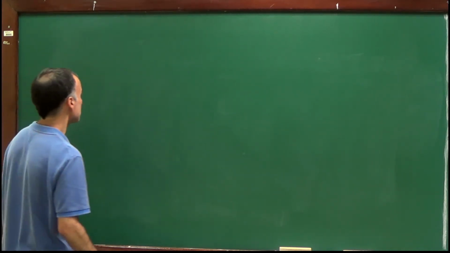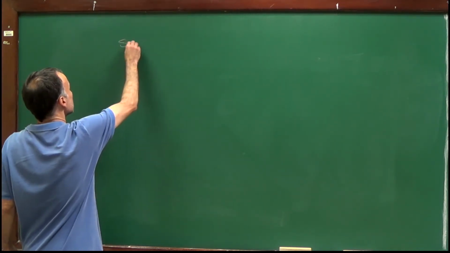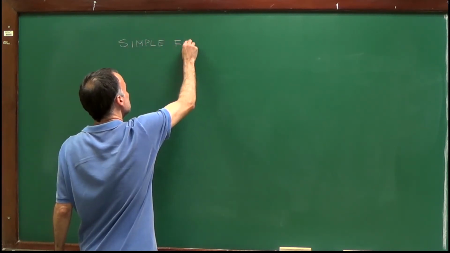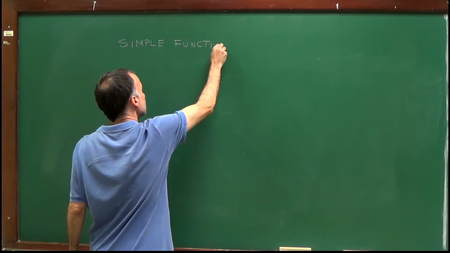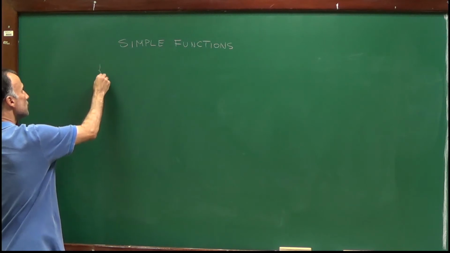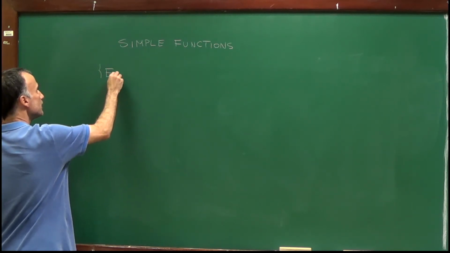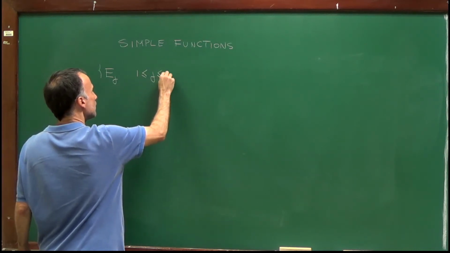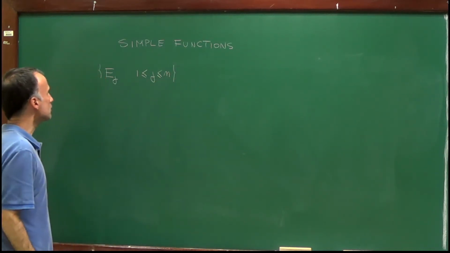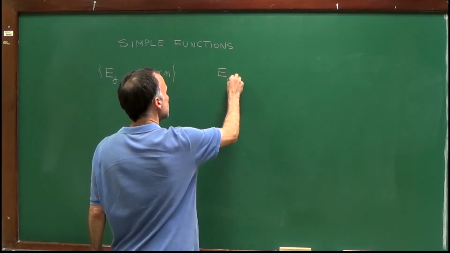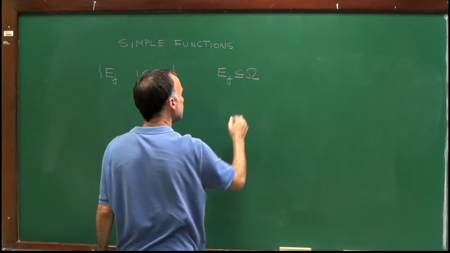So let me give you an example of measurable functions. These will be called the simple functions. Assume that you have a finite family E_j of subsets. So all these E_j are subsets of omega.